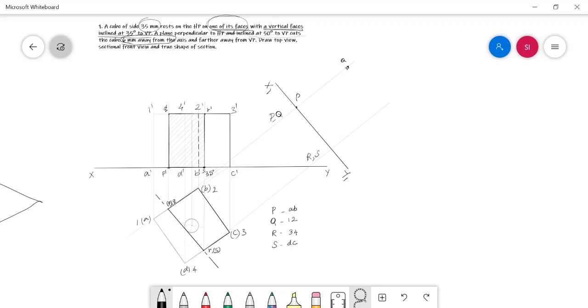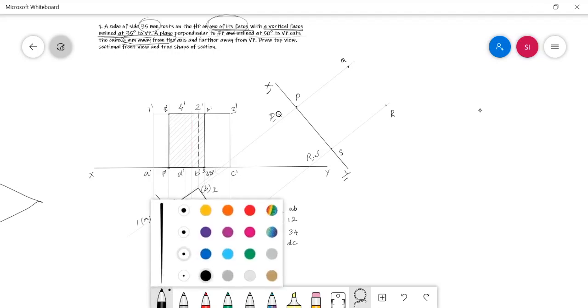This is point Q. And then in the projector of R and S, the point S is in the XY line itself. So I have to mark the point S in x1 y1. This is S. And the point R is located 35 mm apart from the XY line. So in the projector of R at the distance 35 mm, I need to mark the point R. Now we have to connect all the cut points with straight lines using the HB pencil.